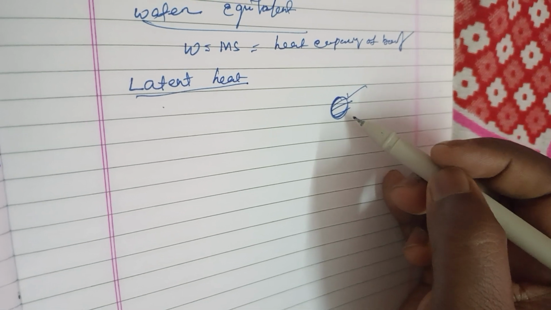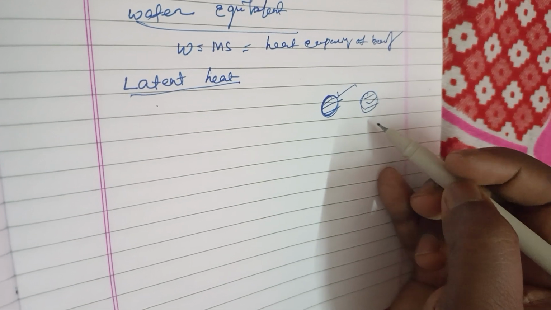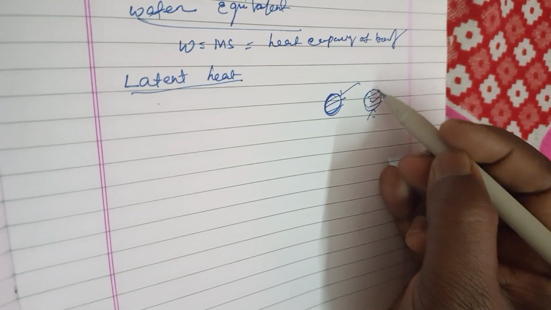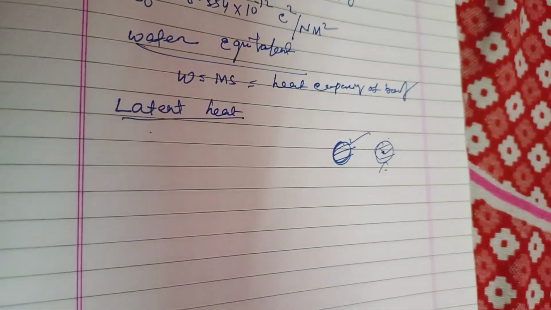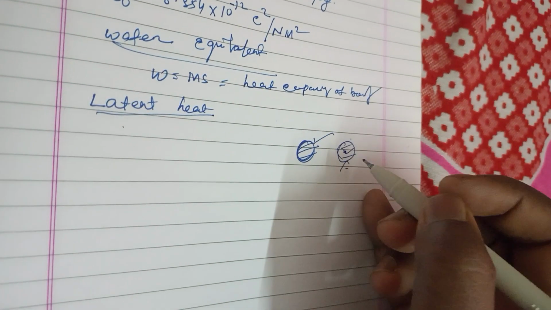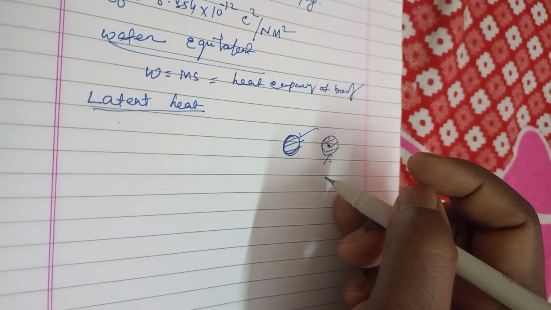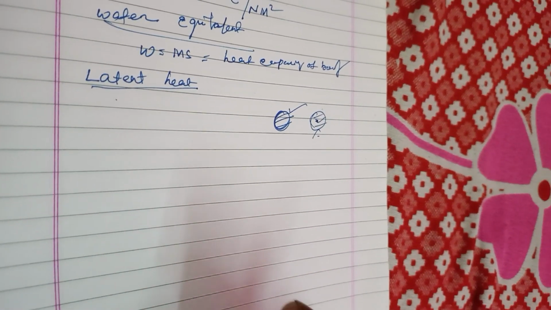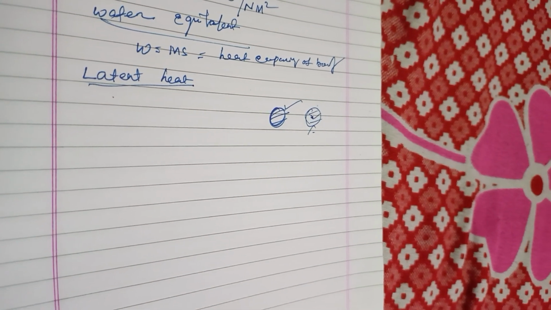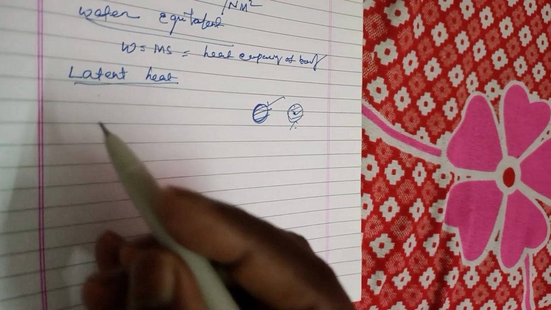That is latent heat. If it is liquid, then on boiling the temperature will be 100 degrees. To change from liquid state to gas state, that is latent heat, heat absorbed or released during the change of state.